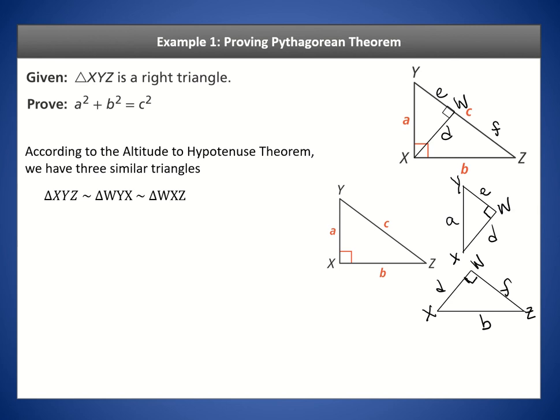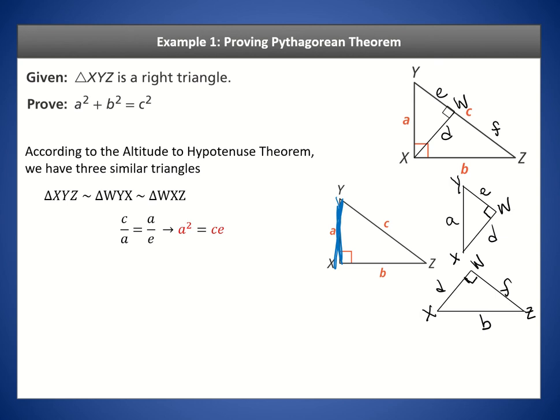So in triangle XYZ, if you look at the legs, XY is the shorter leg.